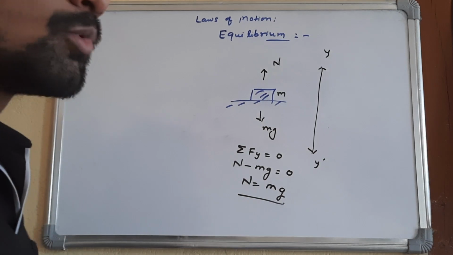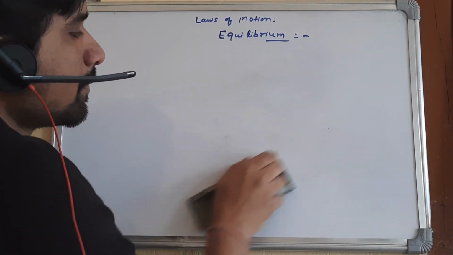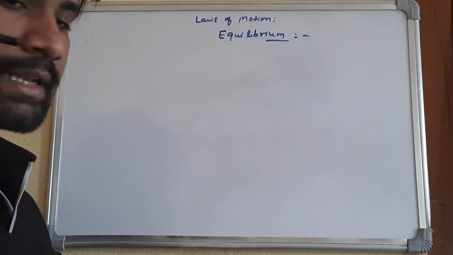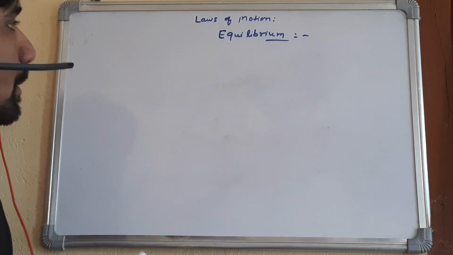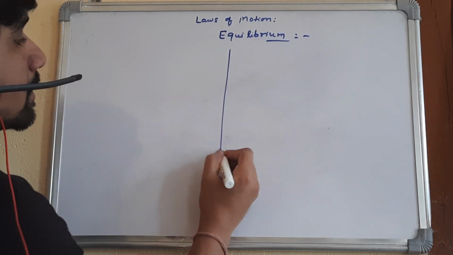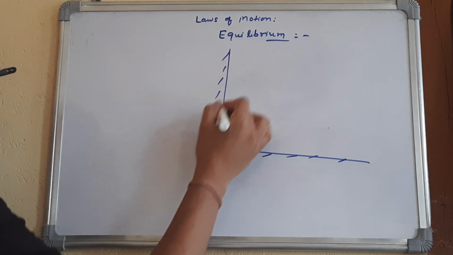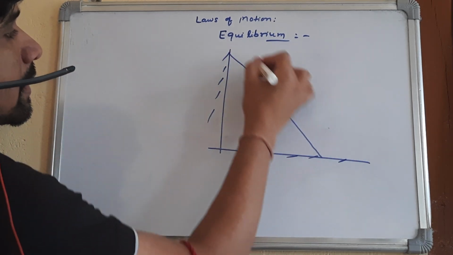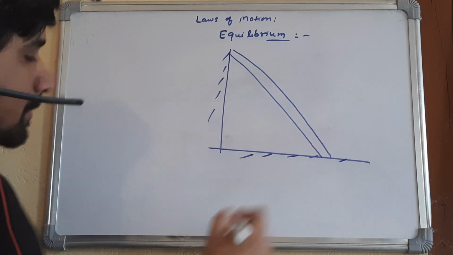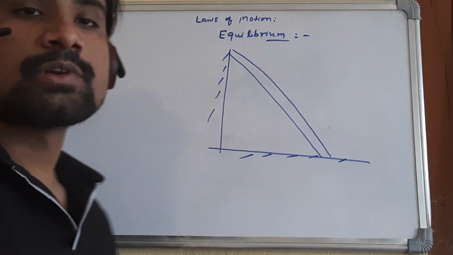Let's understand by one more example what exactly equilibrium is. For example, this is a rod which is placed in between these two perpendicular surfaces.